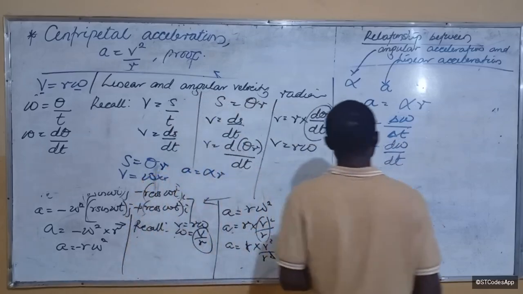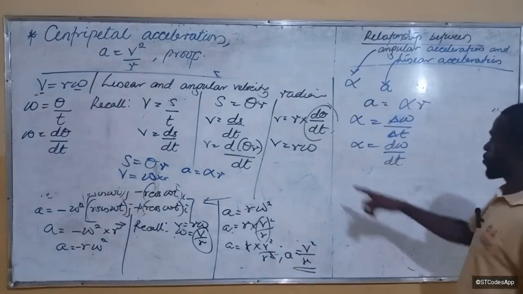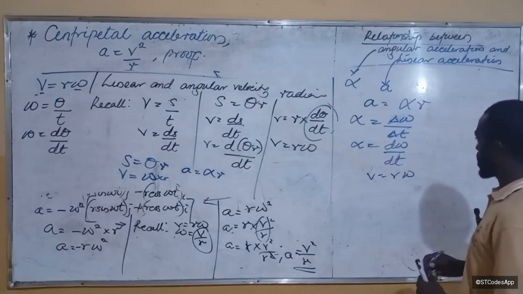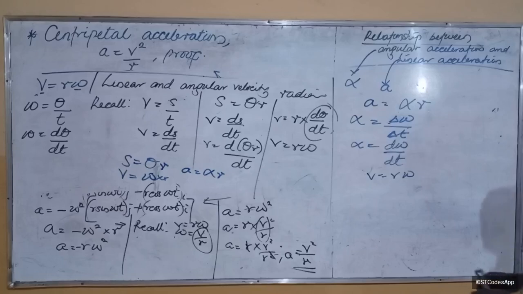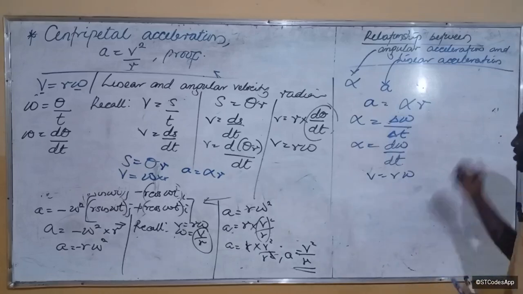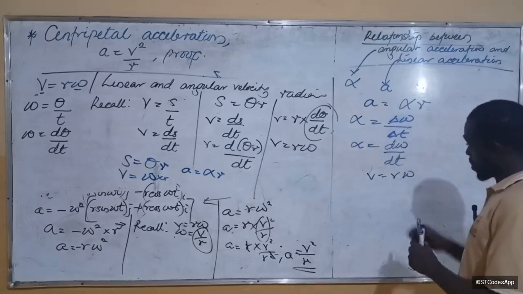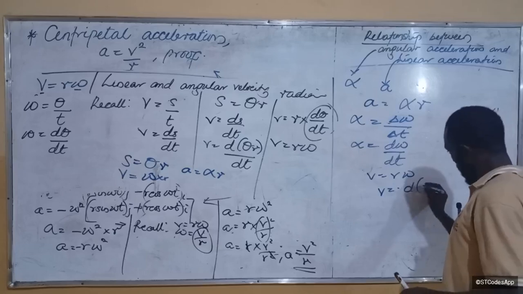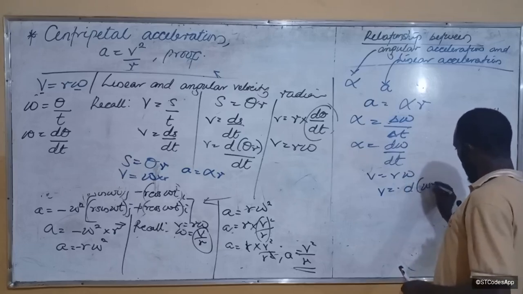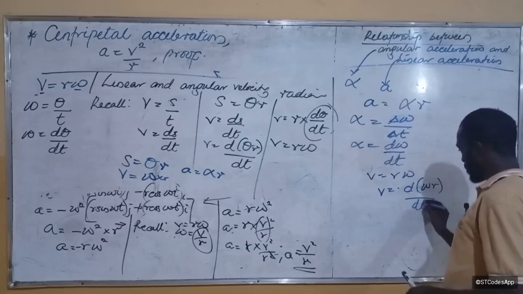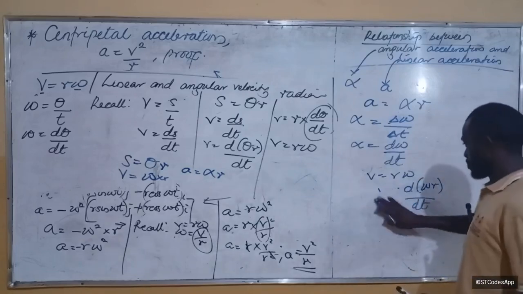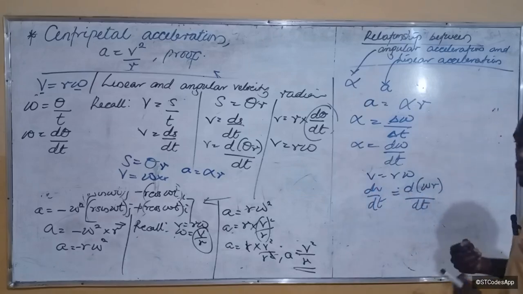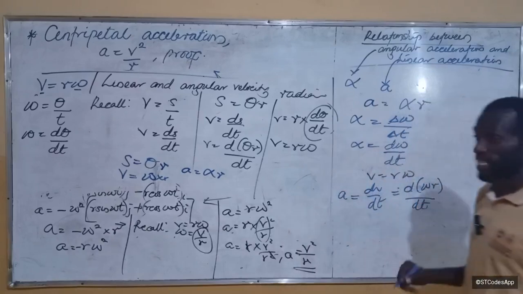So by the time we have v equal to r omega, let's differentiate this. It becomes dv dt equals r d omega over dt. Because that's acceleration, dv dt is linear acceleration, right?